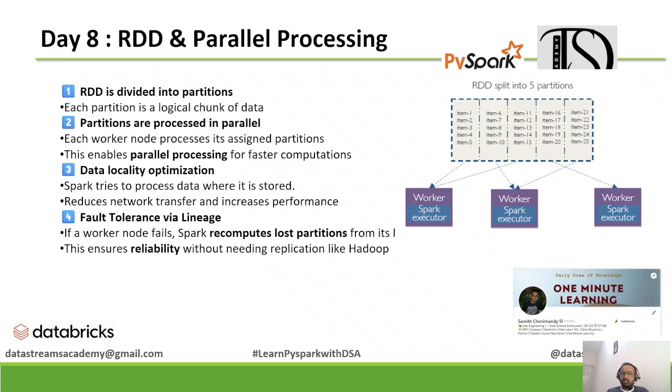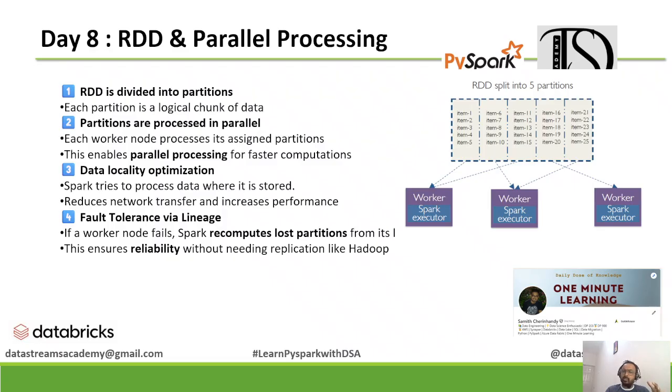So now I will conclude this video by adding one key point: fault tolerance. What is fault tolerance? Now we are not dependent upon one machine. We are depending upon multiple worker nodes, or multiple machines. What if one machine goes down?